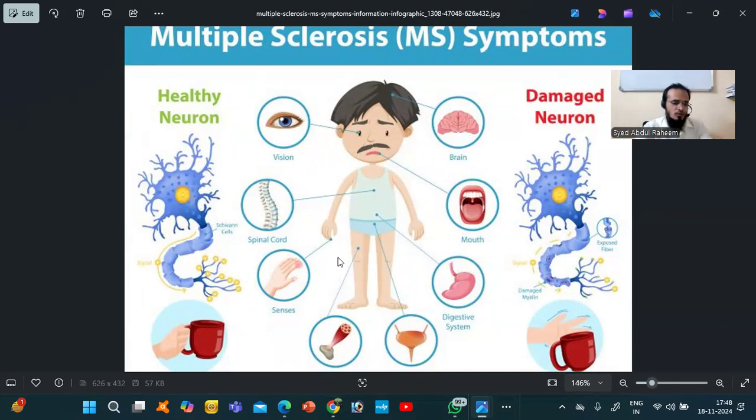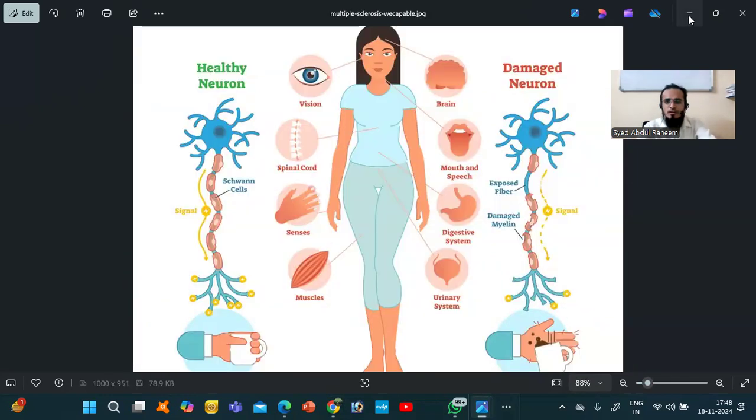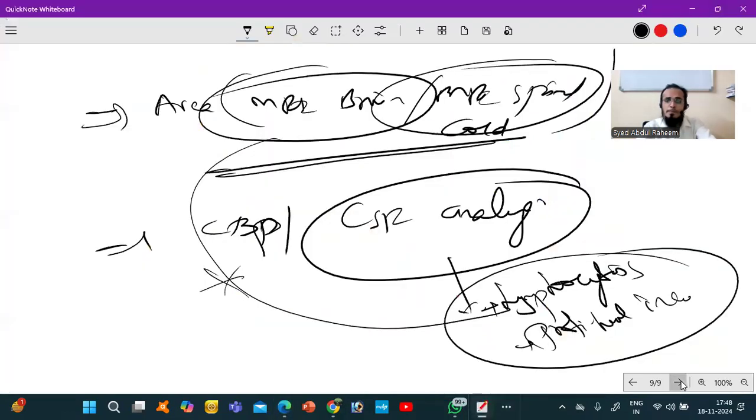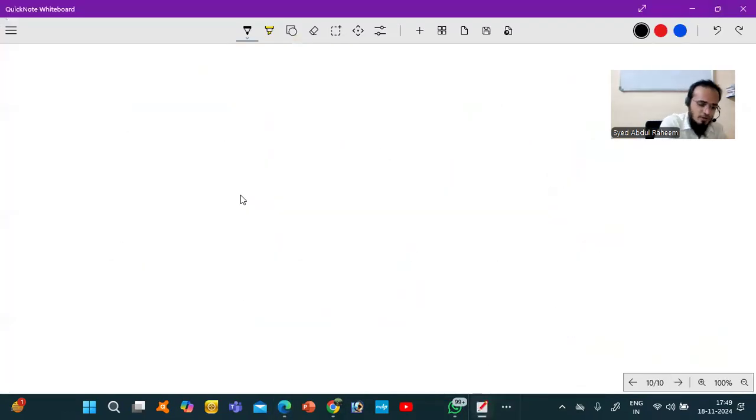So we have to do two things here. If the cause is unknown, according to allopathy doctors, how do they approach the treatment?